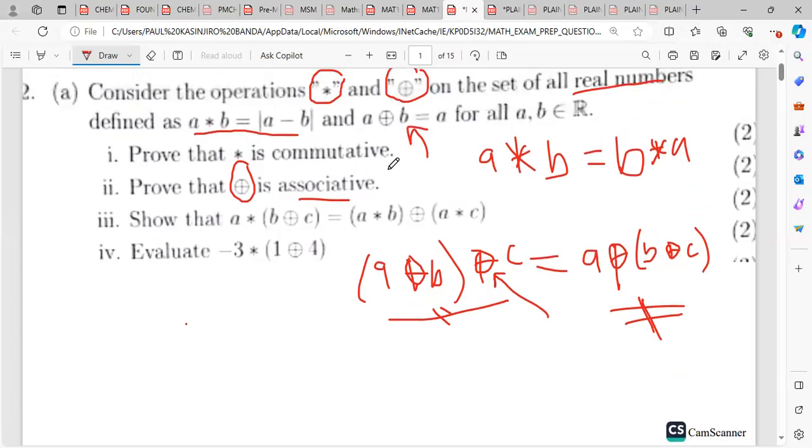First we have to know the rule governing it. A crossed circle B is just A, the first element.